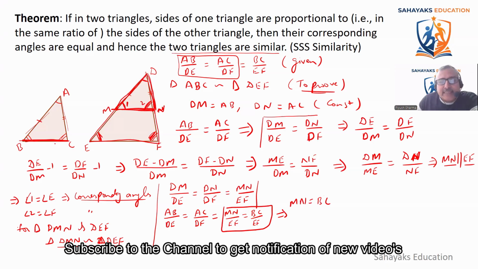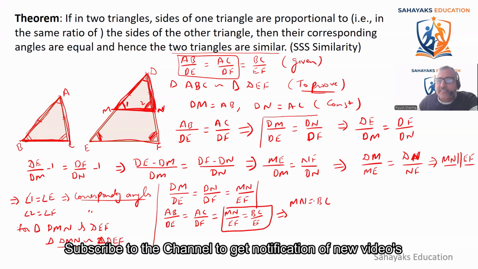Now, when it has implied this, we know that AB is equal to DM, AC is equal to DN, and mn is equal to bc.